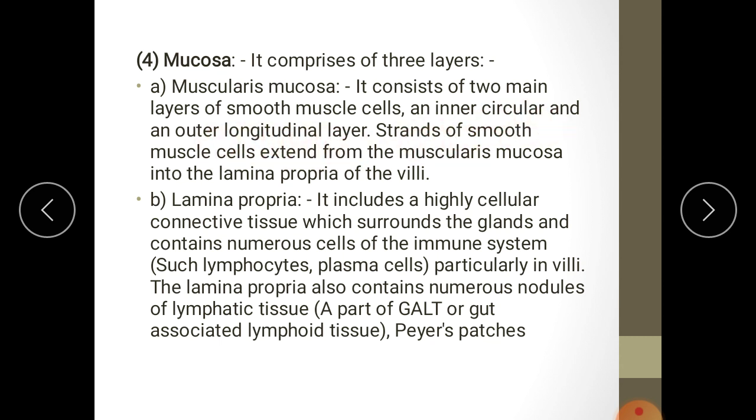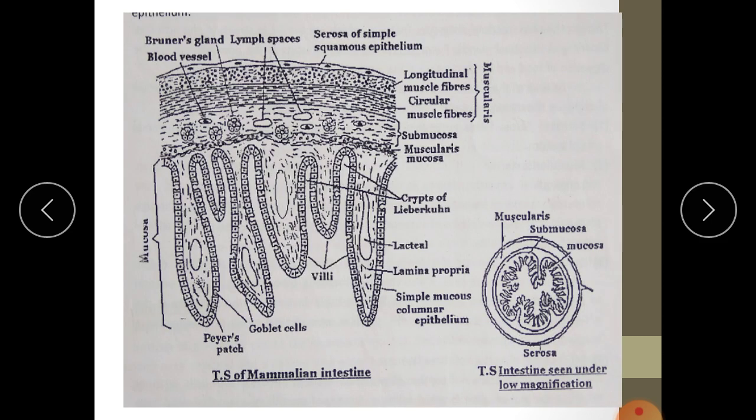Strands of smooth muscle cells extend from the muscularis mucosa into the lamina propria of the villi. So these muscles may extend into the lamina propria. This is lamina propria. Can you see here? These are villi. At the center of the villi, the core of the villus is there.